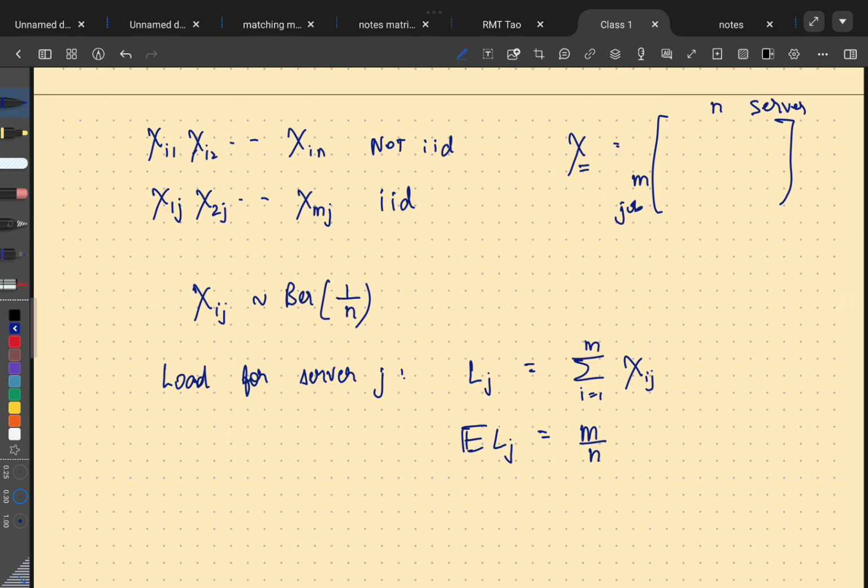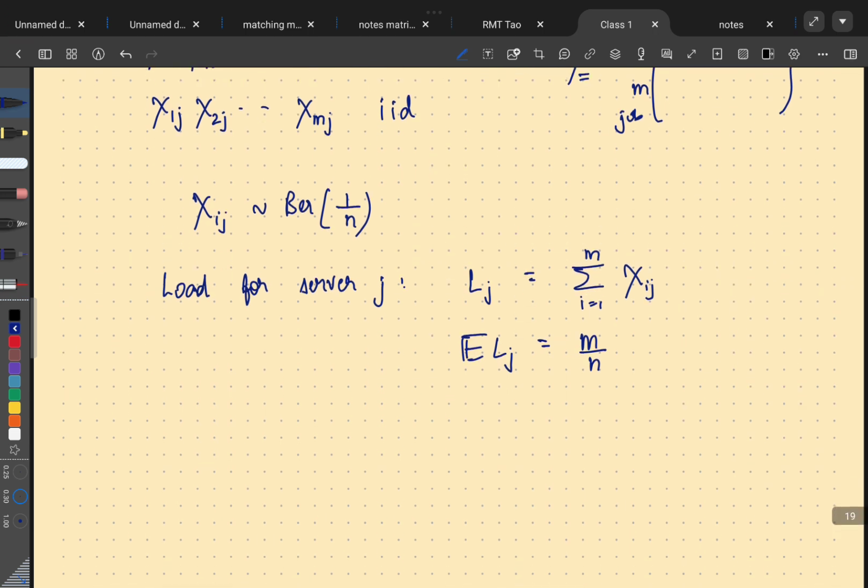But this is only in expectation. It could deviate significantly from the expectation. But it's not too bad, because if m and n are reasonably large, then I know from my Chernoff bound that the probability of deviation is not too much because I have exponential tail bounds.